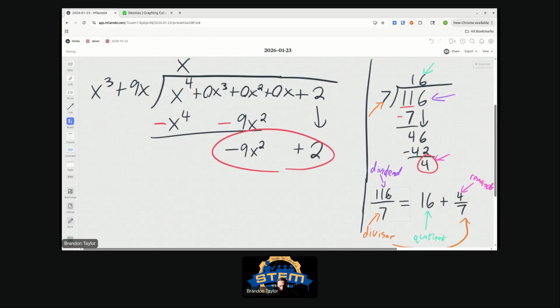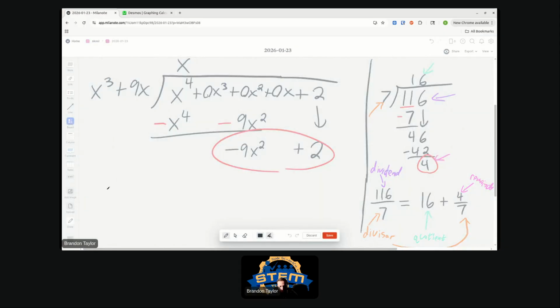In this case, 7 goes into 116 16 full times, and then you have 4 left over. So you can't really do anything, so you just take that 4 and divide by 7. There's a perfect analogy on the left-hand side. It's the initial thing we started with, the dividend, x to the 4th plus 2, divided by the divisor, x cubed plus 9x.